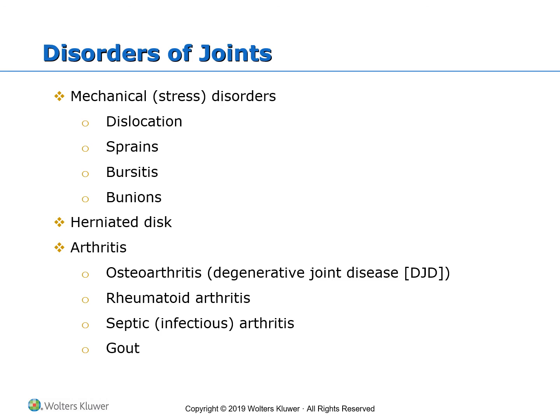Let's take a look very quickly at disorders of the joints. Joints, most of the time, will be affected by mechanical or stress disorders, and probably the most common one would be a dislocation. In a dislocation, there is a derangement of the bones that are supposed to face each other in the joint.